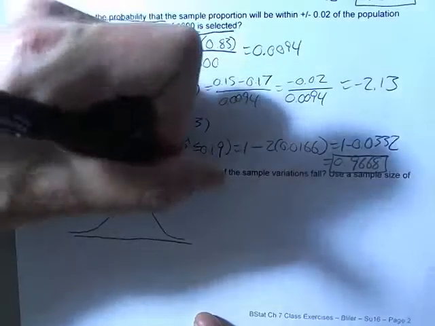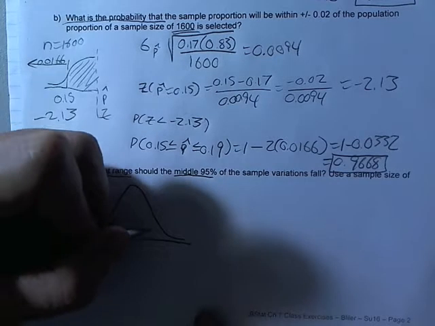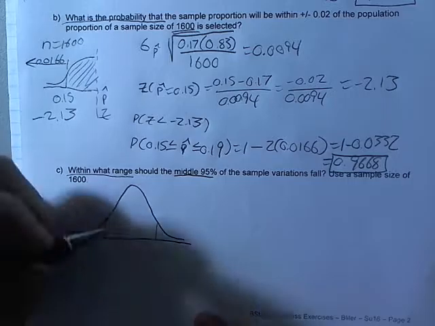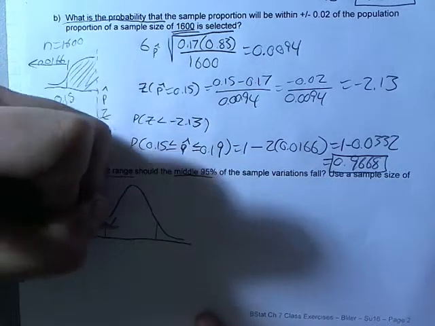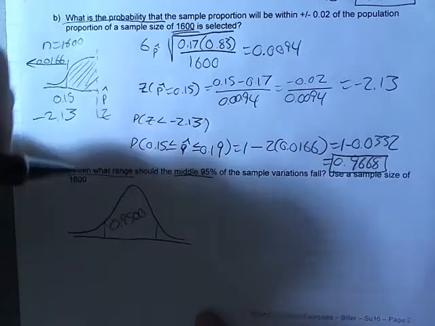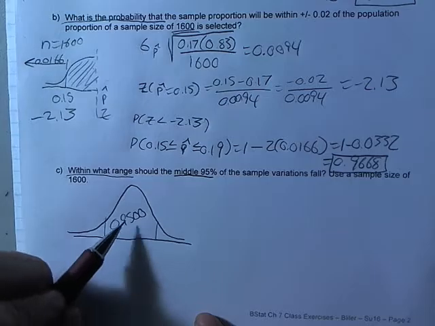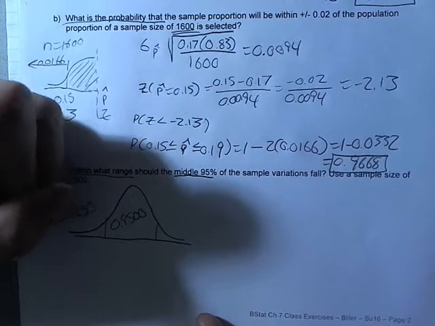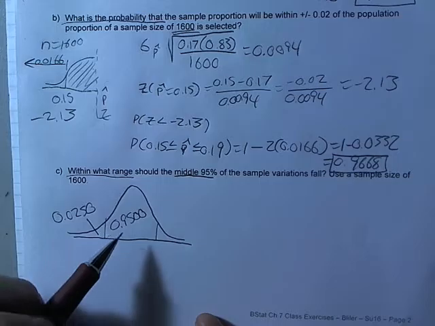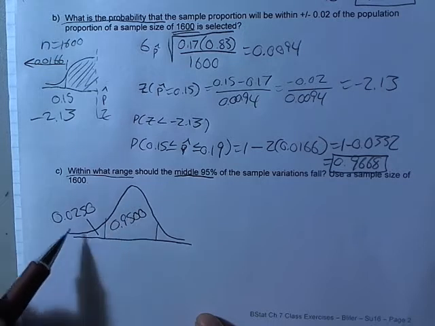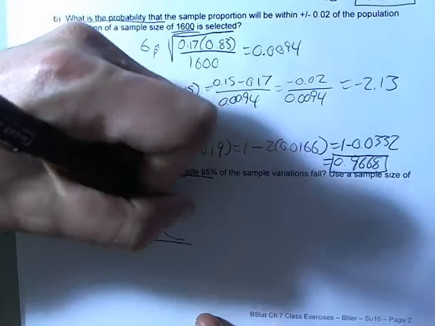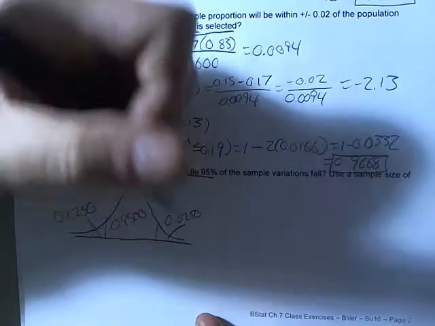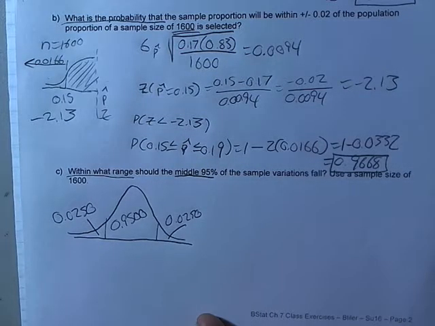So middle 95%. Our 95% interval is going to be symmetric to the curve because 95% is in the middle. That implies that half of the remaining 5% must be in our left tail, and the other half of the remaining 5% must be in our right tail.